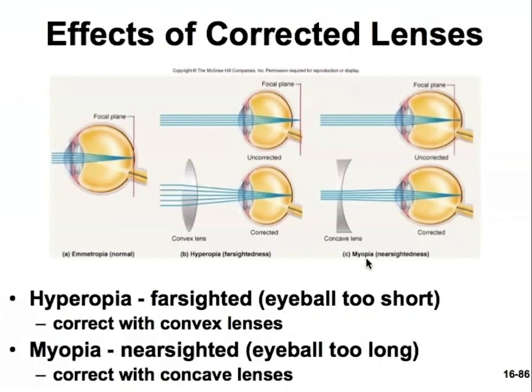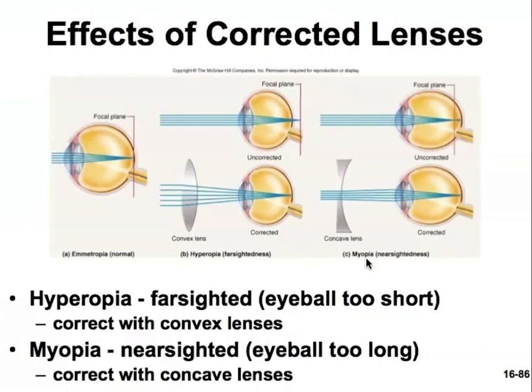Here we have two conditions: hyperopia, farsightedness. Due to the shortened eye, the image falls on some imaginary place behind the eyeball. For correction, we use a convex lens to enable more bending and pull the image forward onto the retina.